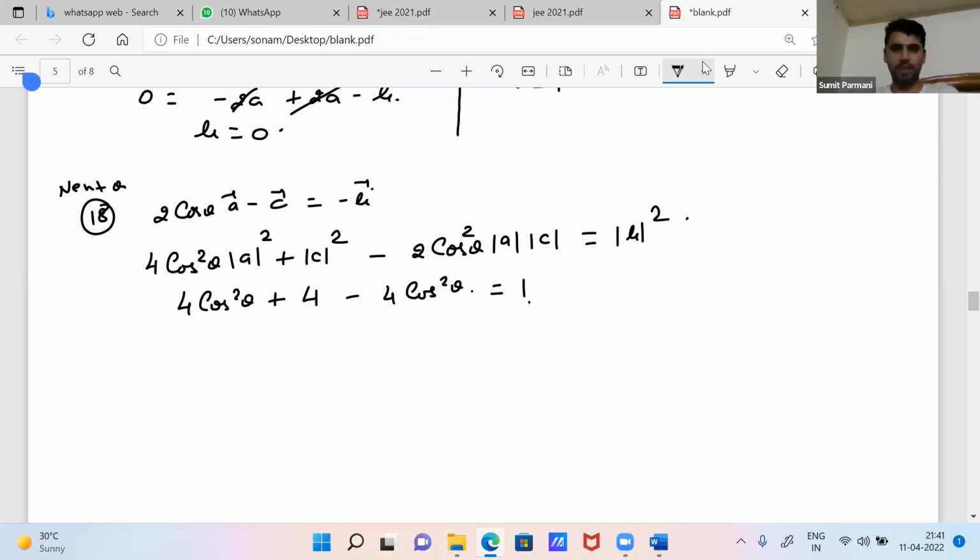There's some mistake in the calculation because this is getting cancelled. 2 cos theta mod a mod c. Cos square theta is correct.